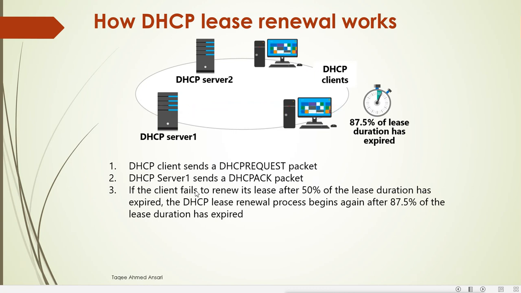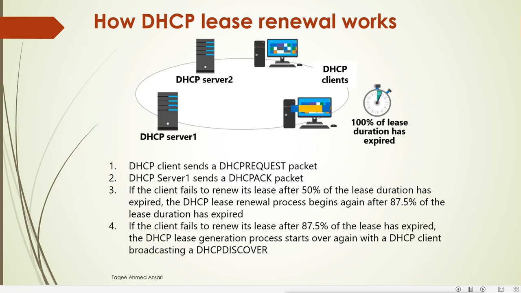If the client fails to renew its lease after 50% of the lease duration has expired, the DHCP lease renewal process begins again after 87.5% of the lease duration has expired. So if at 50% the server is not available to renew the lease, it will try again at 87.5% lease time expiration.